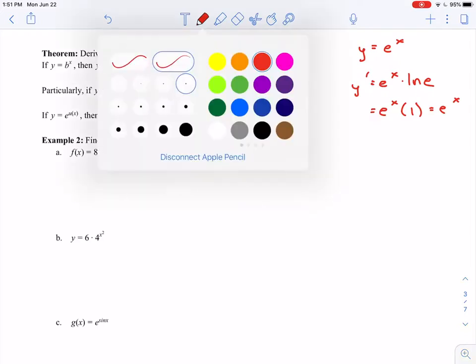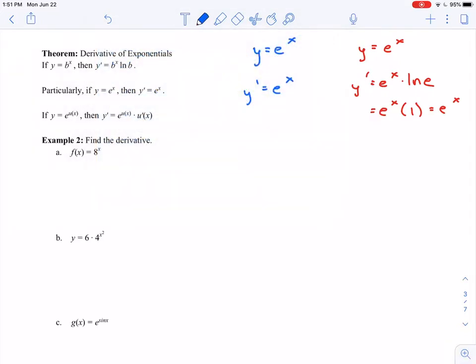You may have noticed this in section 3.7, but if we're working with an exponential function, y equals e to the u of x, what's different here is that my power is going to be something more complicated than x. So it might be x squared, it might be x cubed plus 1, it could be a trig function, it could be all sorts of things.